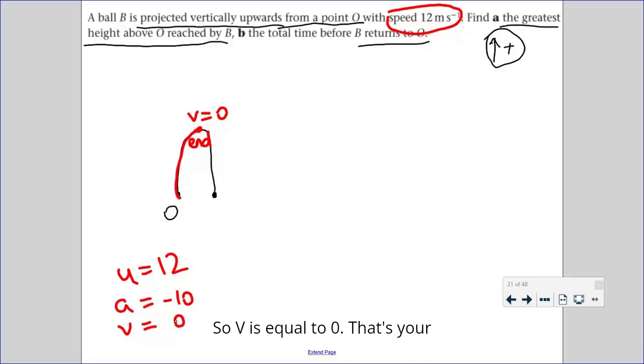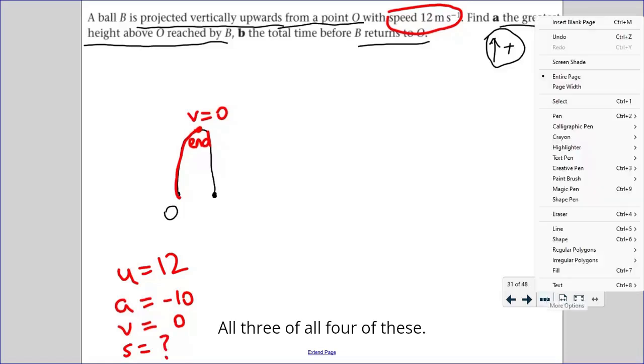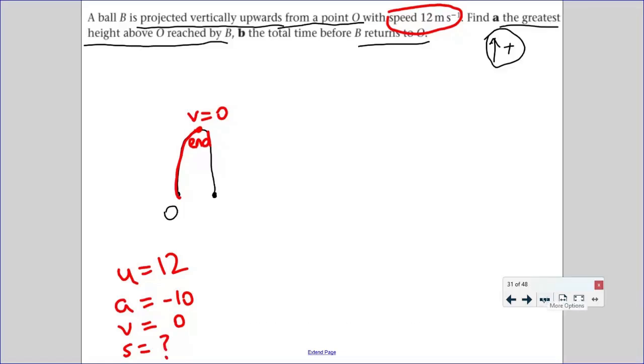So v is equal to 0. That's your final speed from bottom to top. And they are asking you to find the greatest height. Height basically means distance or displacement. Okay, so this is what we need to find. Okay. Now, find a SUVAT formula that links all four of these. Right.